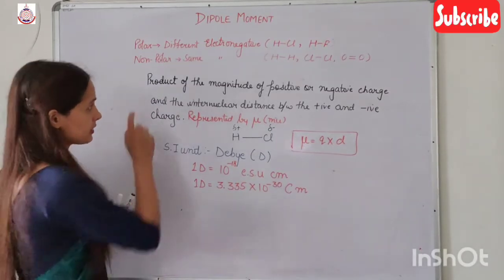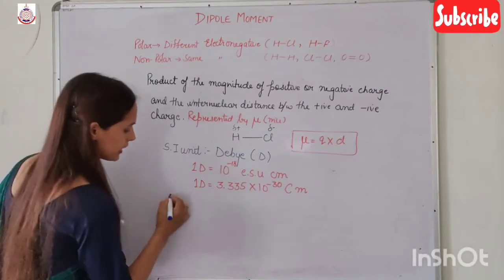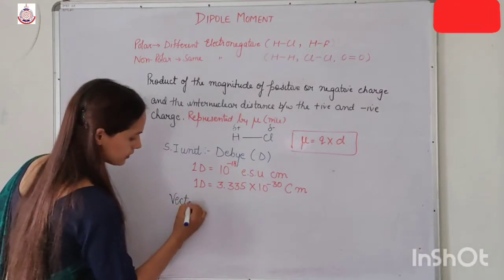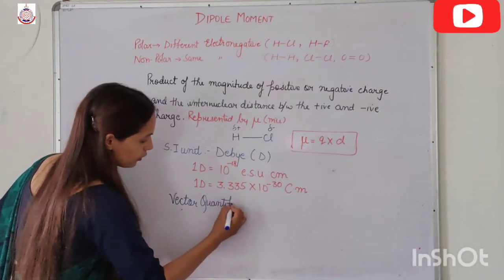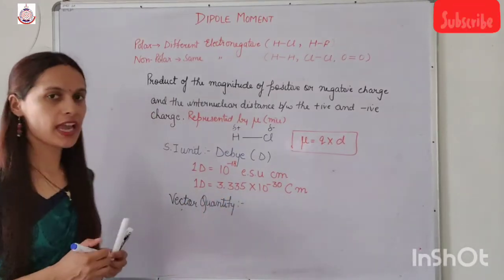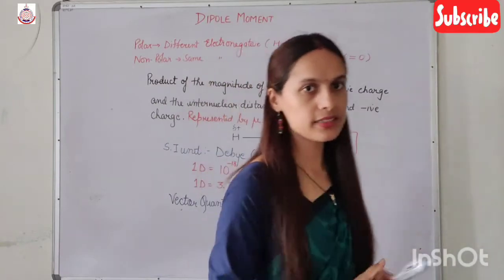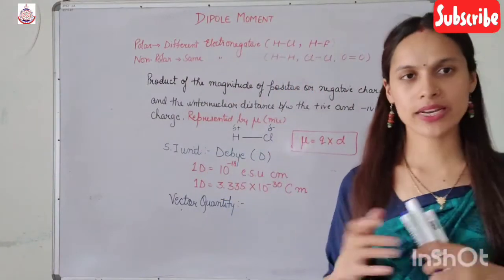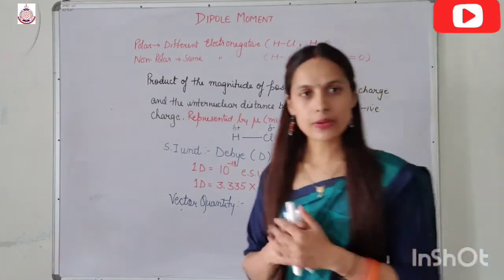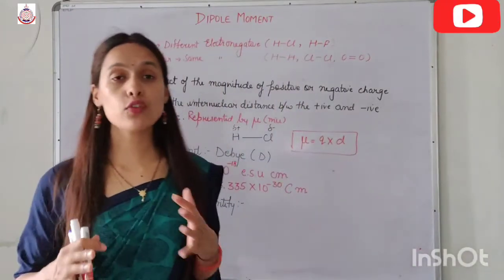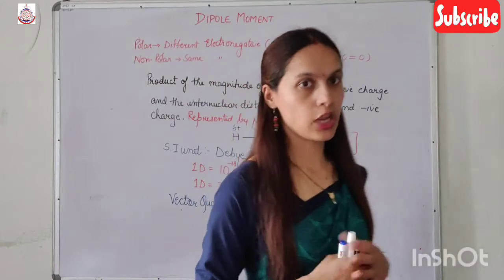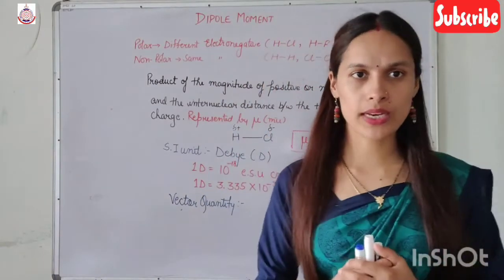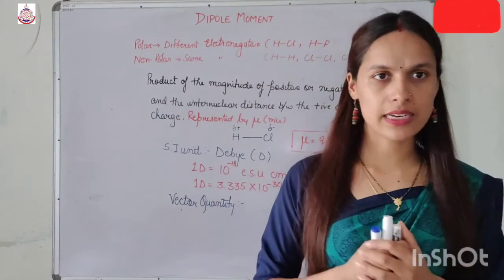Now, this dipole moment is a vector quantity. You have studied that we have two different types of quantities, scalar quantity and vector quantity. Scalar quantities are those quantities which have only magnitude. For example, speed is a scalar quantity, distance is a scalar quantity.